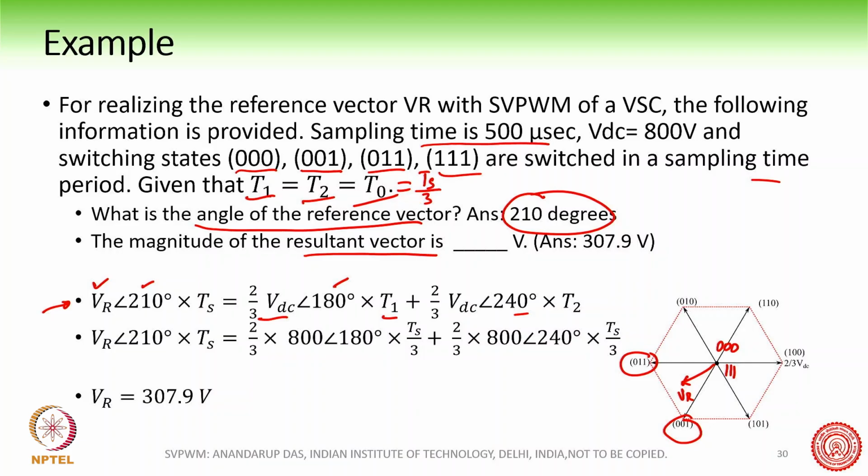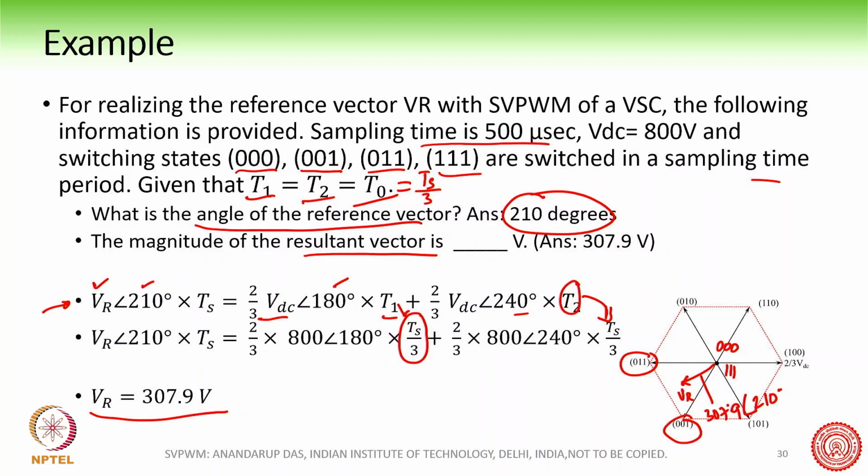So you can substitute T1 and T2 as TS by 3 and find VR equal to 307.9 volts at an angle of 210 degrees.